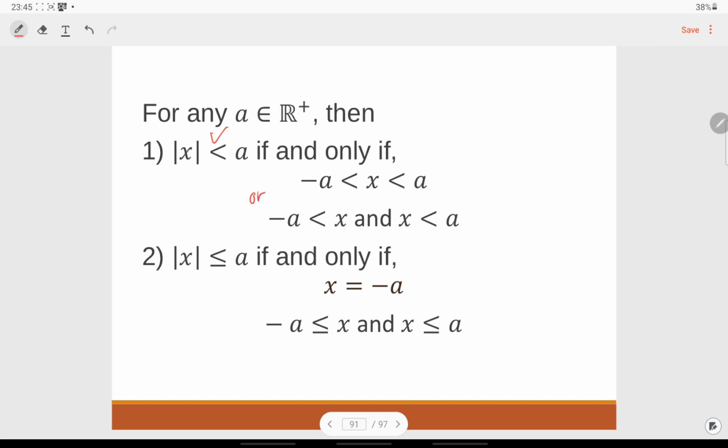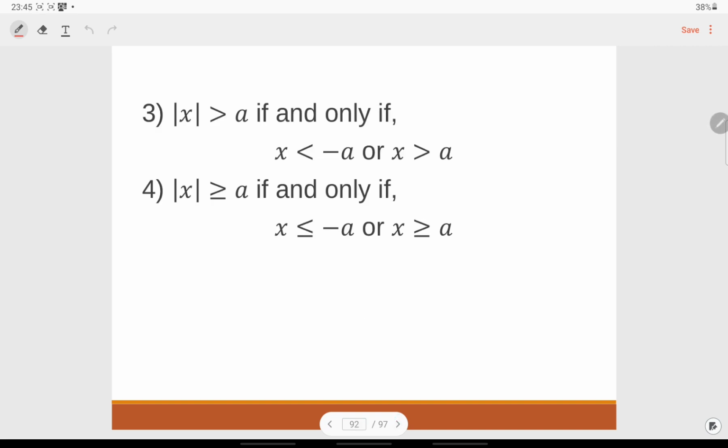For the absolute value of x less than or equal to a, it becomes true if and only if x is greater than or equal to negative a and x is less than or equal to a. Why equal? Because we have this equal sign.